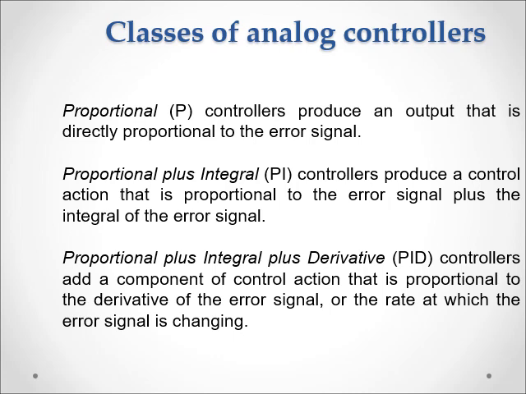In cases of analog control, you have either proportional control, proportional integral control, or proportional integral and derivative control. Let me give a short explanation of the difference between proportional, proportional integral, and proportional integral derivative. Proportional control is pretty straightforward.